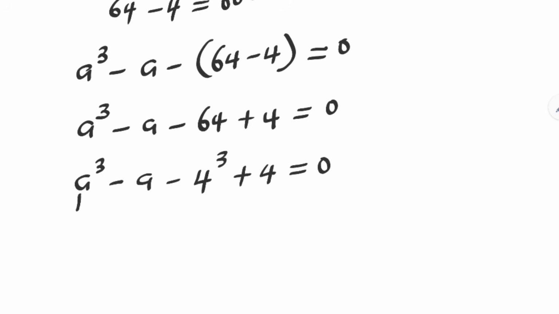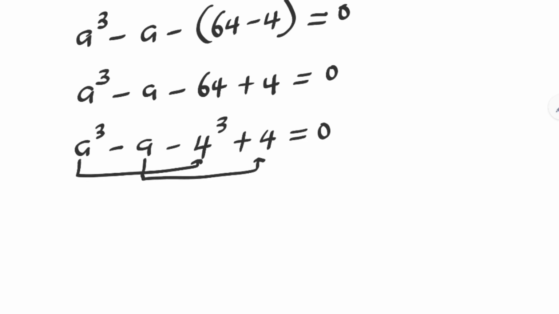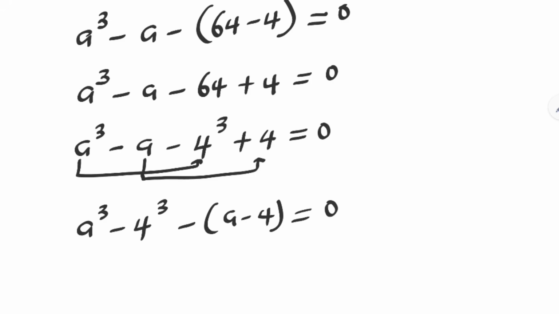Now let's pair this with this and this with this. A raised to power 3 minus 4 raised to power 3, then minus, here will be a minus 4 is equal to 0.